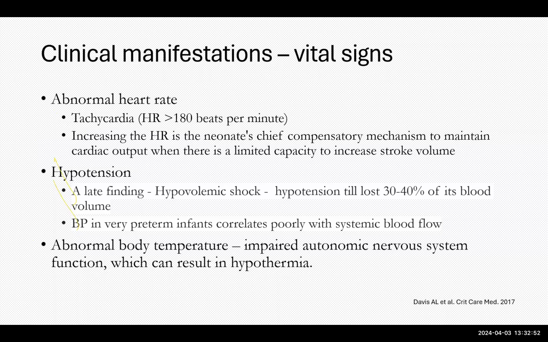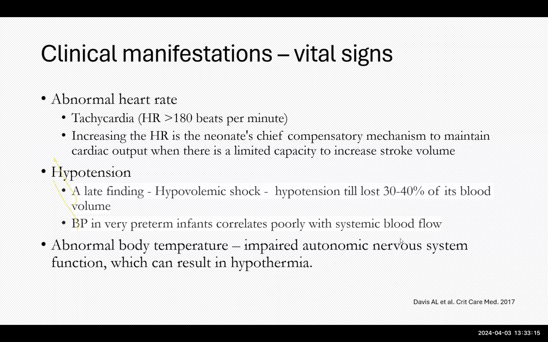Frequently, these infants may exhibit tachycardia because heart rate is the main compensatory mechanism to maintain increased cardiac output. As I said before, the capacity to increase stroke volume is limited in infants, especially in preterm infants. Low heart rate is a late sign.